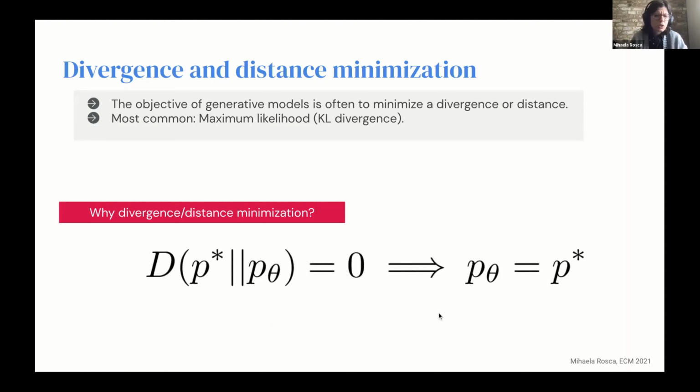Of course, this is not going to be the case in practice, because the model might not be powerful enough to learn the true distribution, or because we only have samples from that distribution, but it allows us to construct some convergence guarantees, which are very useful.